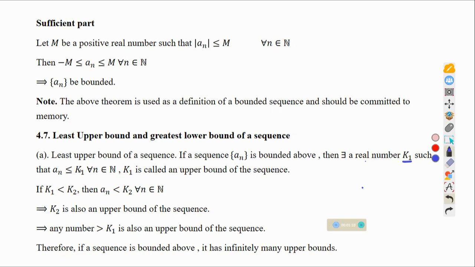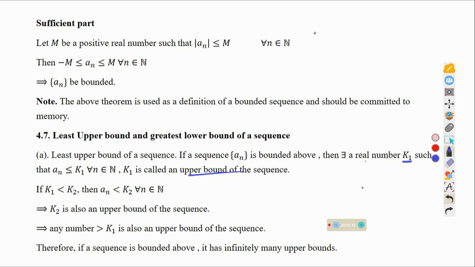For you to say that k1 is an upper bound, k1 must be greater than or equal to the terms within the sequence under consideration. That real number is what we call an upper bound of the sequence.